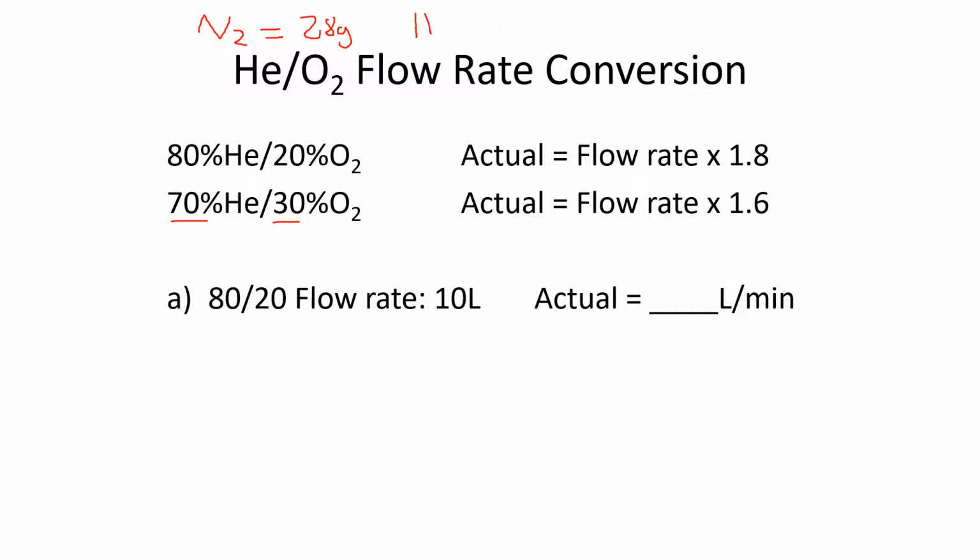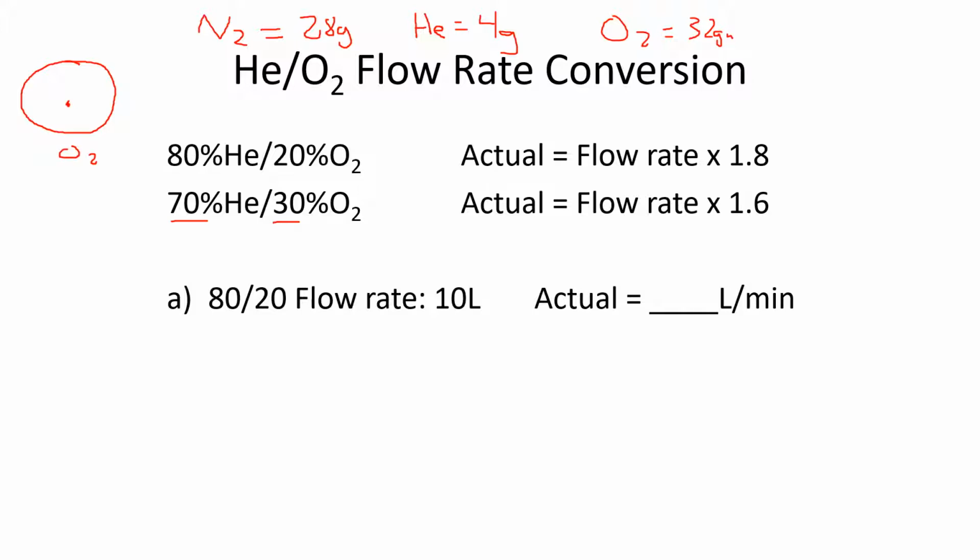Helium, four. So that means it's way less dense. Our gauges measure oxygen, right? O2, which is even bigger. Was that 32 grams? So our gauge is for oxygen.